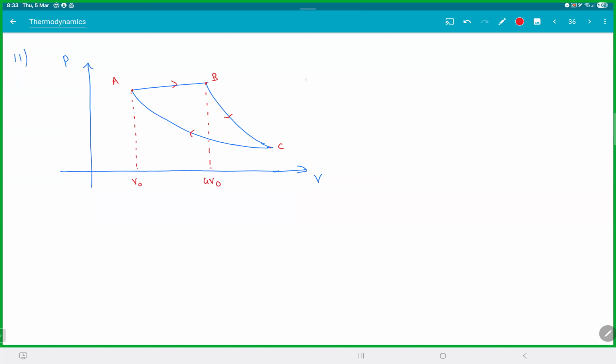This is 4V naught. And gamma for this gas is 1.5. So in this process ABCA, we have adiabatic, isobaric, and isothermal. First of all, you have to figure out which one is isobaric, which one is adiabatic, and which one is isothermal. So identify the processes.